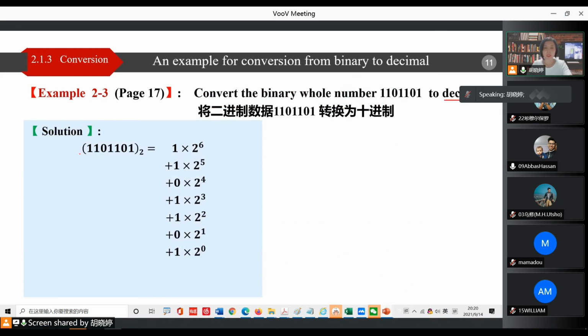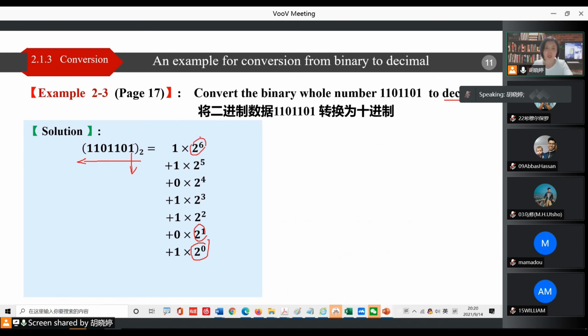The solution goes from the low position to the high position, from right to left. The weights will be 2 to the power of 0, 2 to the power of 1, and so on until 2 to the power of 6.